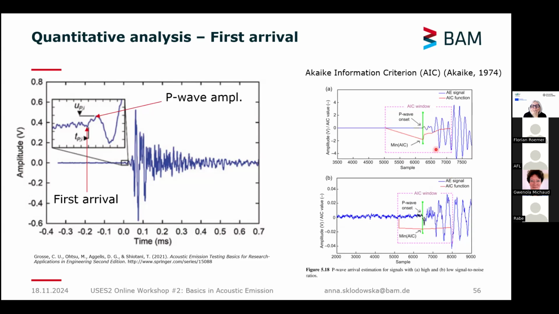As you can see, there are two examples, a clean signal and a noisy signal, where the minimum is not as clear, but still, this method is not perfect. There is a lot of bias that can also be introduced here, yet this is the fastest and the most commonly used way of picking the first arrival.